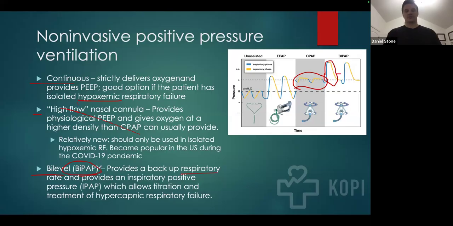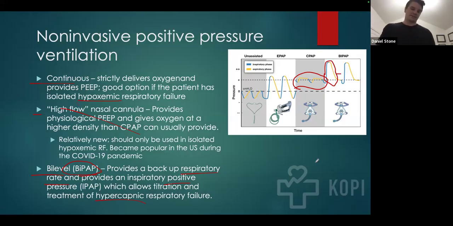And so what you're doing is you're changing the respiratory rate to be able to have the patient match. And it uses sensors in order to tell when the patient takes a deep breath. And then it also provides a positive pressure when the patient takes a deep breath in order to basically improve their minute ventilation. And by improving their minute ventilation, you're going to help them clear the carbon dioxide, and you're going to help them clear their type 2 or hypercapnic respiratory failure.